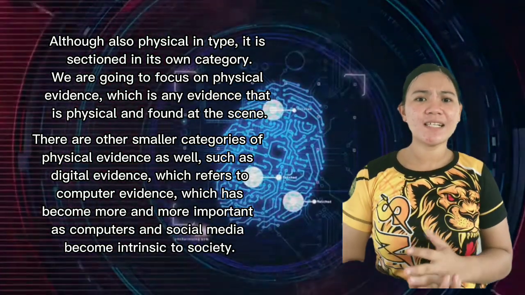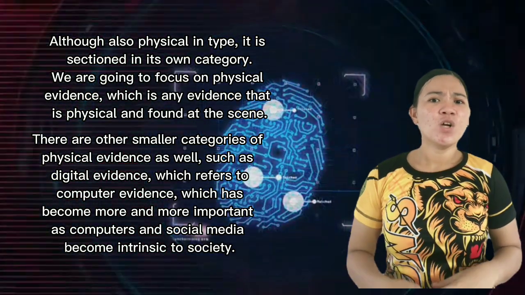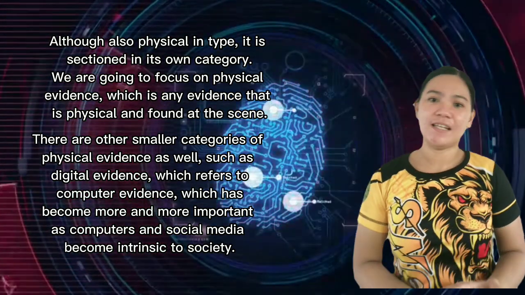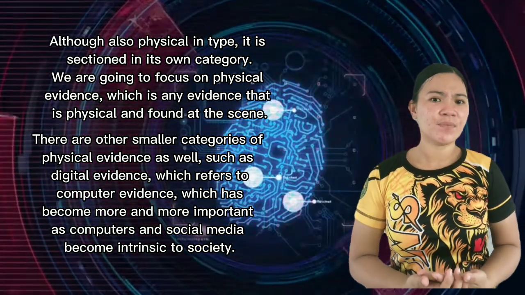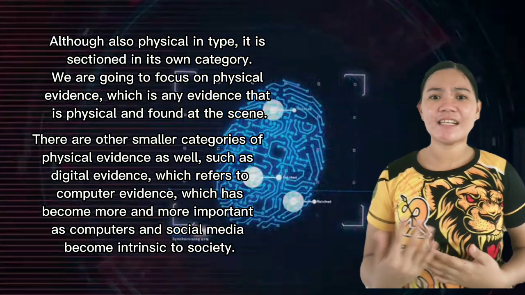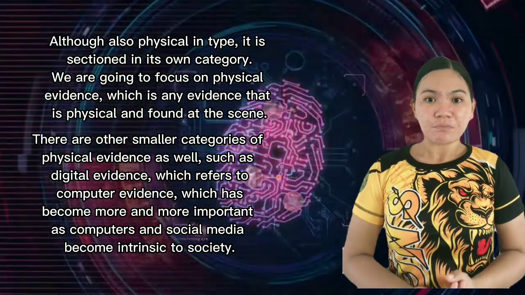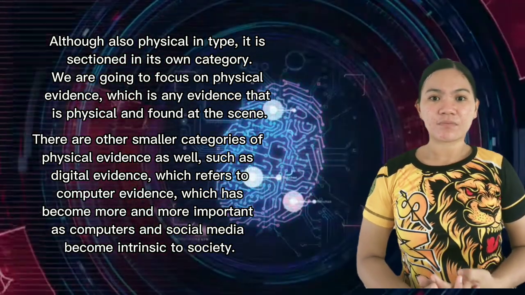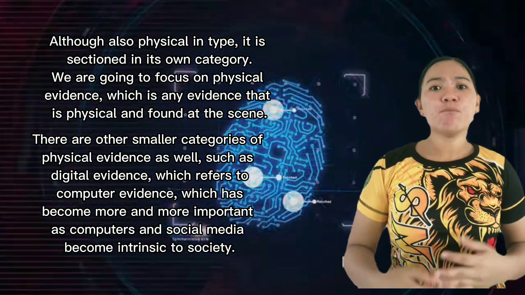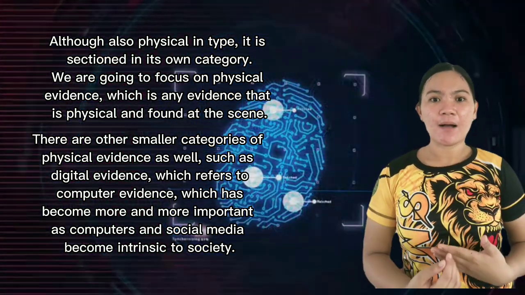Although each is a type in its own category, we're going to focus on physical evidence, which is any evidence that is physical and found at the scene. There are other smaller categories of physical evidence as well, such as digital evidence, which refers to computer evidence, which has become more and more important with computers and social media.